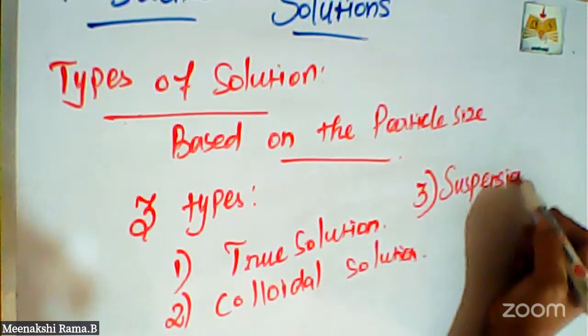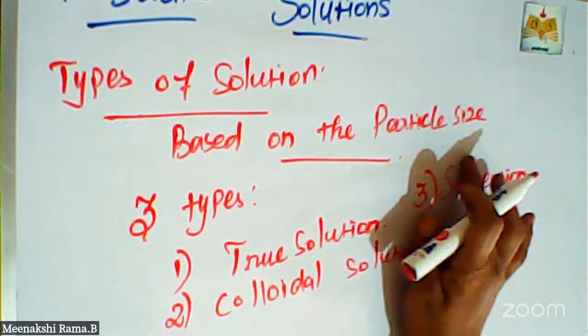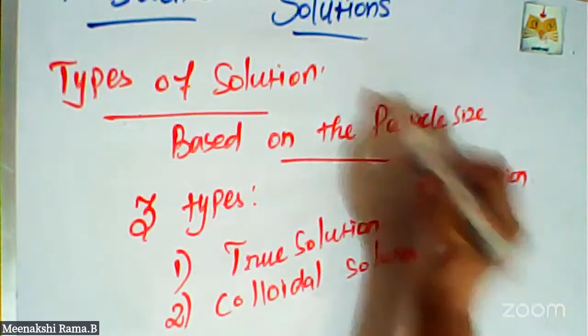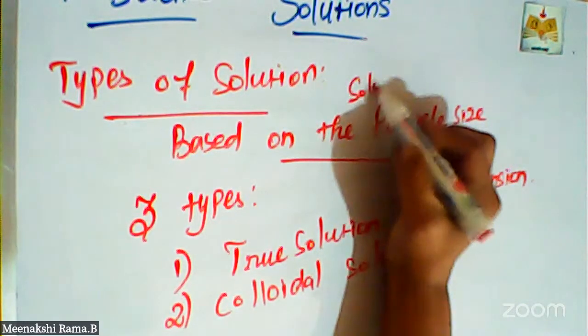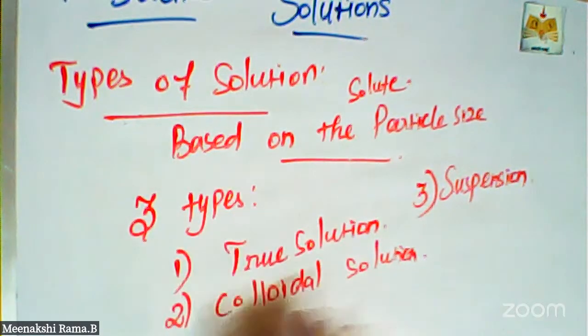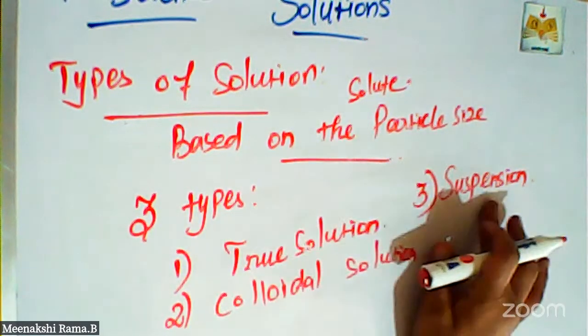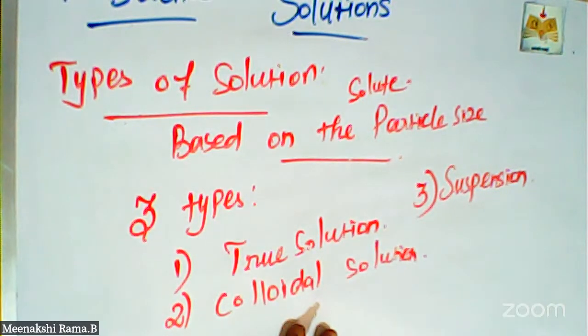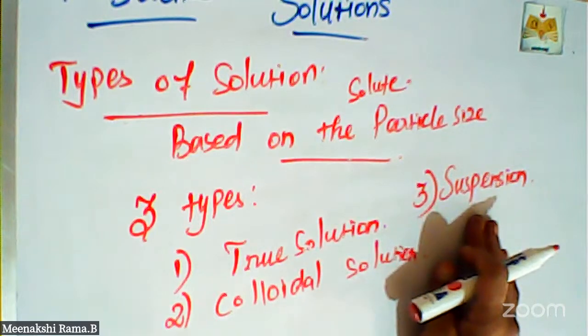So depending upon the size of the particles, which means the solute particle, we can classify the solution into three categories. One is true solution, second is colloidal, and third is suspension.